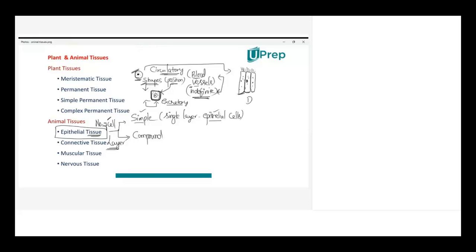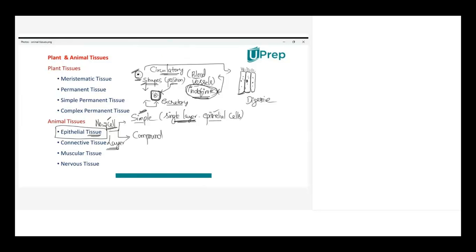So the concept here is different epithelial cells, if they are in a single layer, means simple epithelial tissue. The single layer of epithelial cells may have indefinite shape when they are located in the circulatory system and respiratory system.